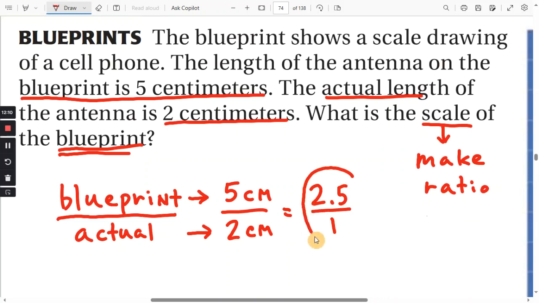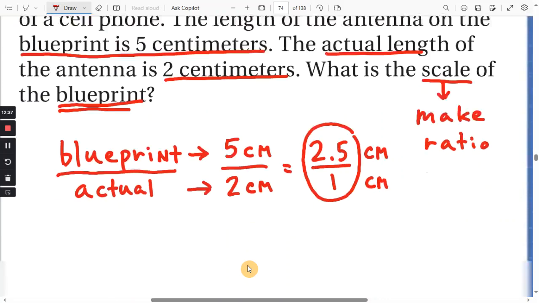And that's basically it. You can keep the units if you want to, but you don't even have to because the units match. So you can make it inches or feet or whatever, but since they started with centimeters, I guess we should just keep centimeters. So you basically reduce until you get a 1 on either side.